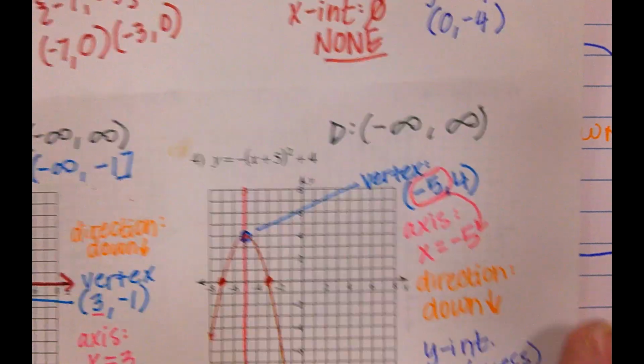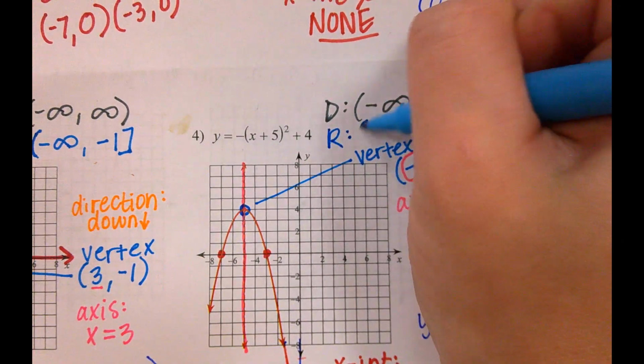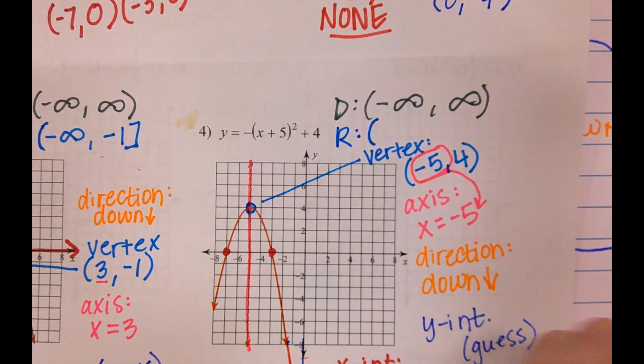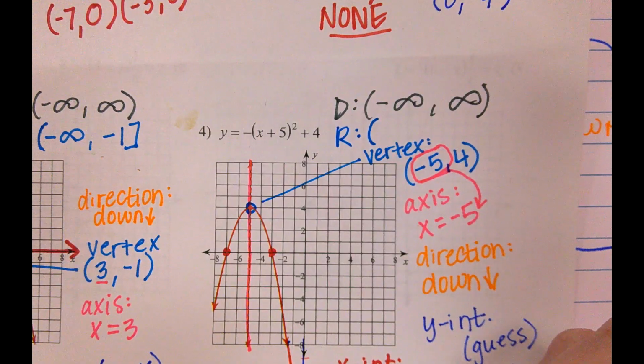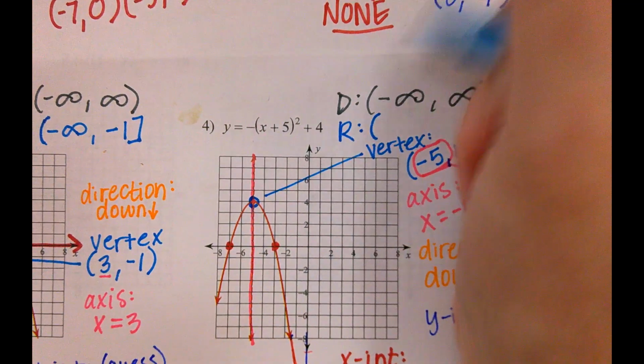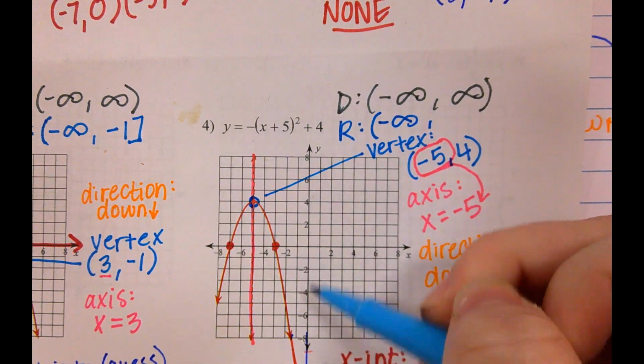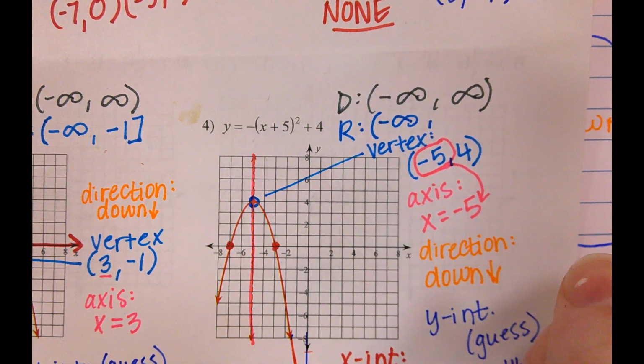Okay, let's look at number 4. Last one. For my range, what is my lowest y value, or is there one? Negative infinity. Good. And my max, my highest y value?